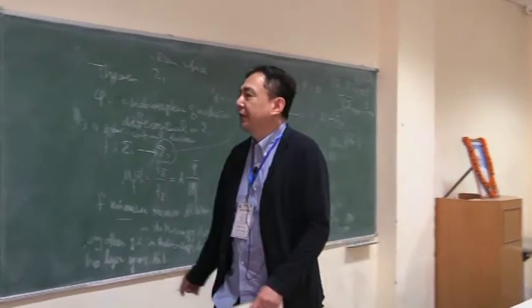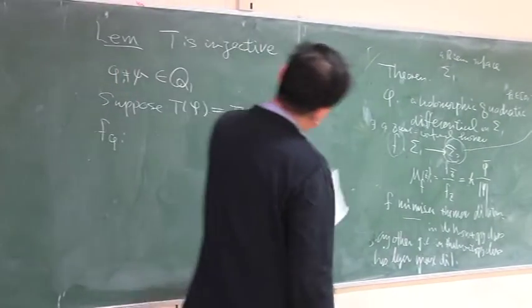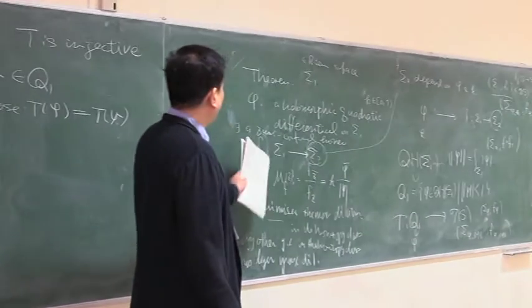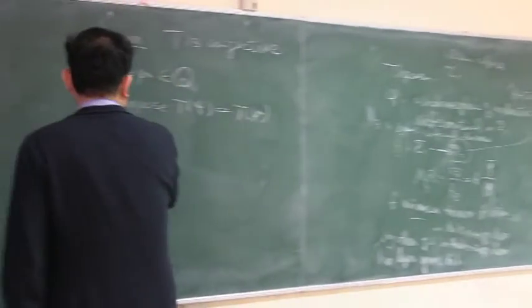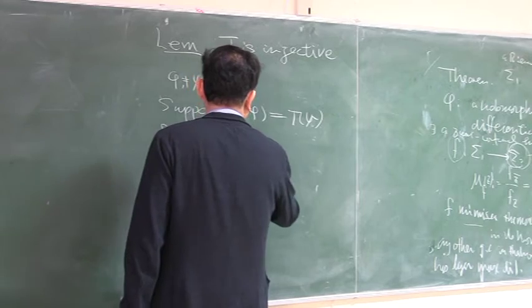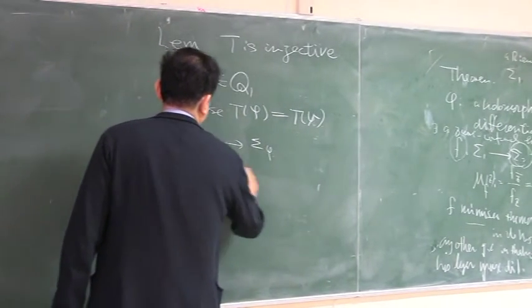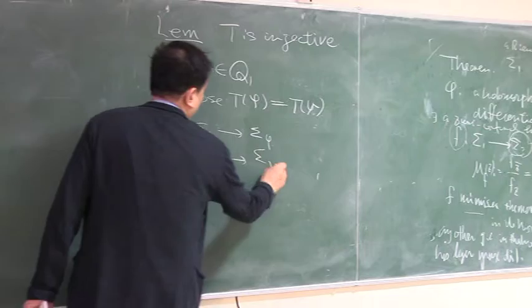Now, you have a solution of this. So you have a map F phi from sigma 1 to sigma phi, and F psi which is from sigma 1 to sigma psi.